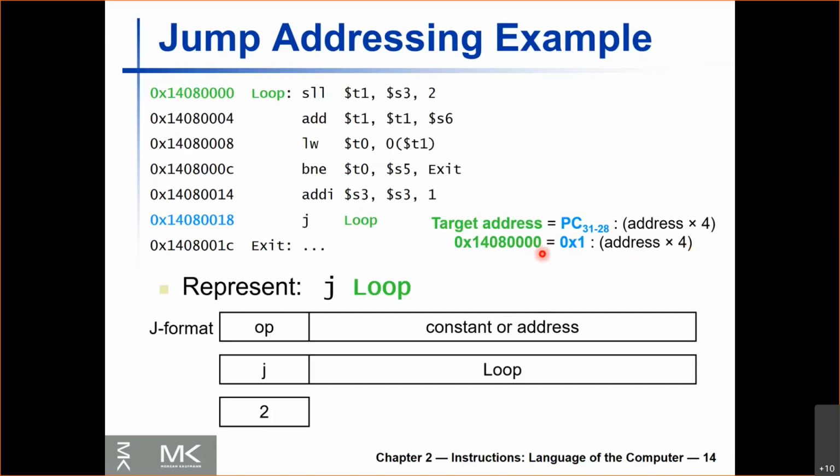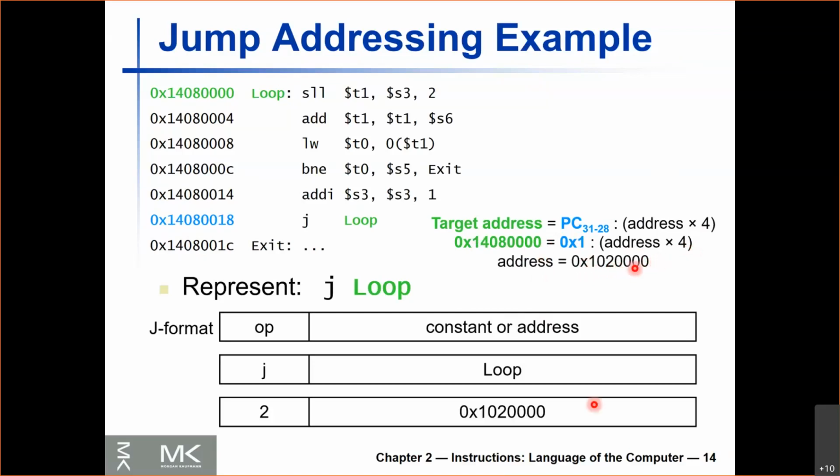Then I divide that by 4, and I get the address is 102000 in hexadecimal. So the value that I will store over here is 102000 in hexadecimal, and you can figure out what that corresponding value is in binary or decimal, whatever you care about. Here this 2 is in decimal, and this here I'm representing in hexadecimal just for convenience. You know how to convert this to binary; we have seen that before. So this is how you represent addresses in the J format.